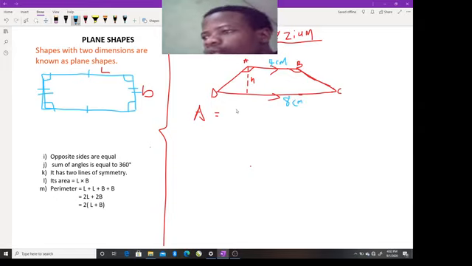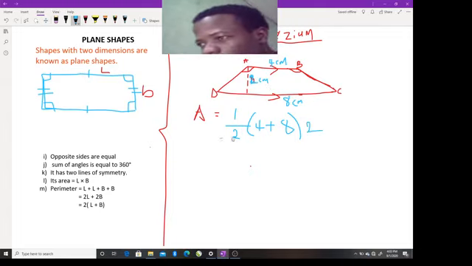What do you do? You go 1 upon 2, open brackets, our AB is 4, plus DC, which is 8, close the brackets, then times height. I must have been given the particular height. Let me name the height to be 2. The height is 2 centimeters. So that will be times 2.